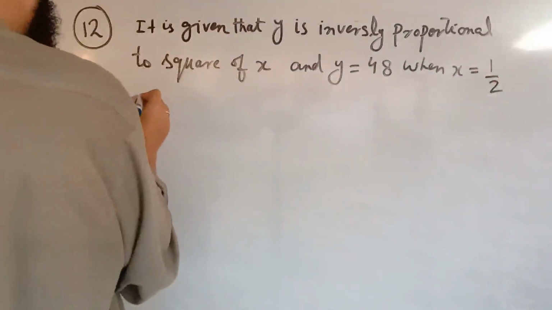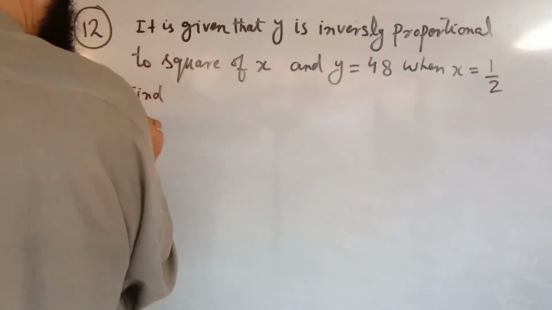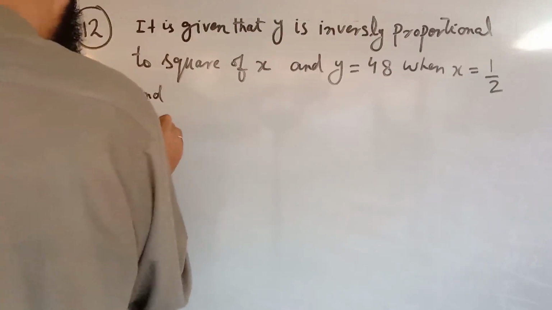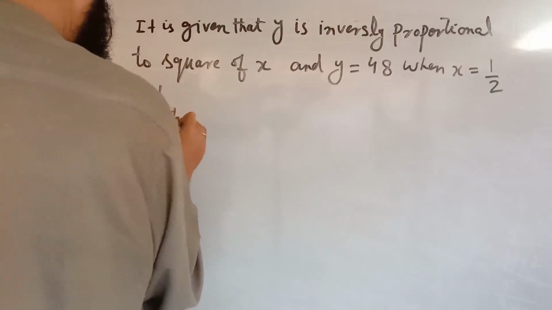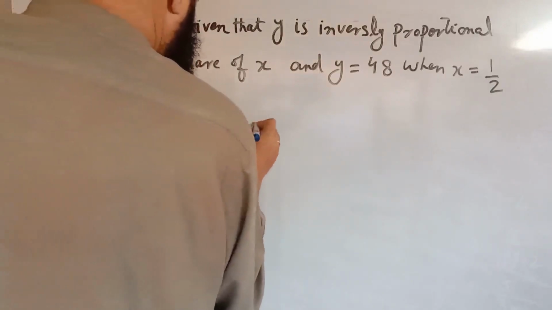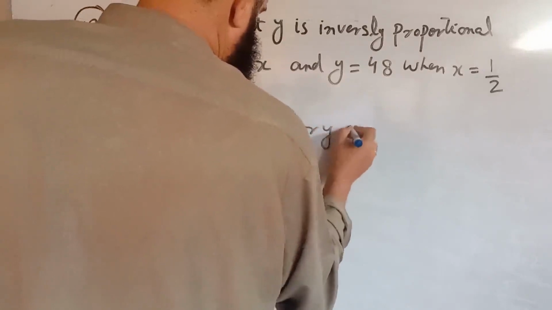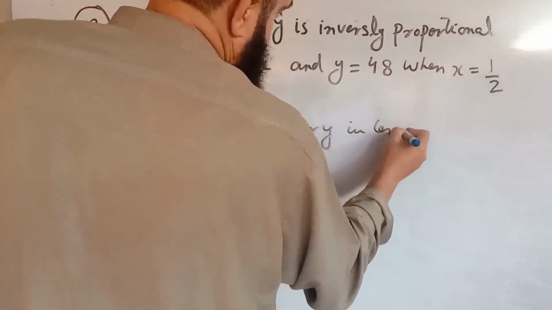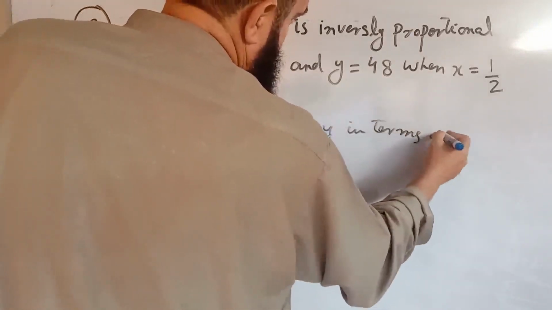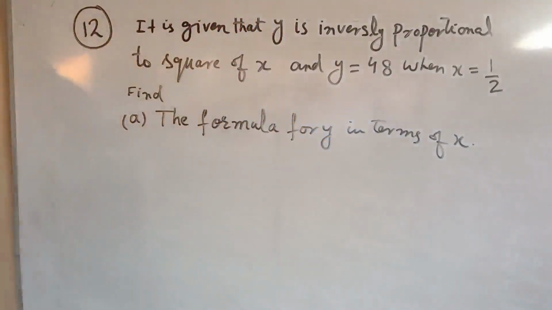Part A: find the formula for y in terms of x. This is the first part, and it carries 2 marks.